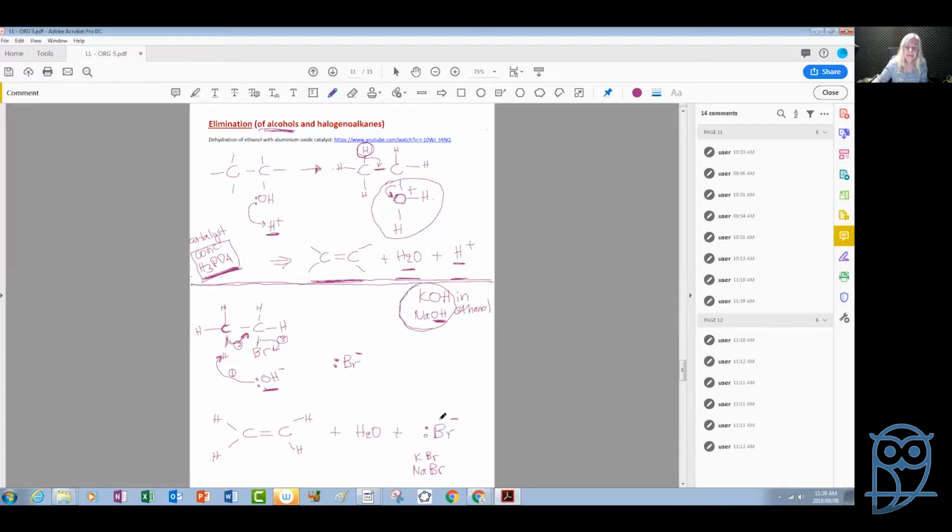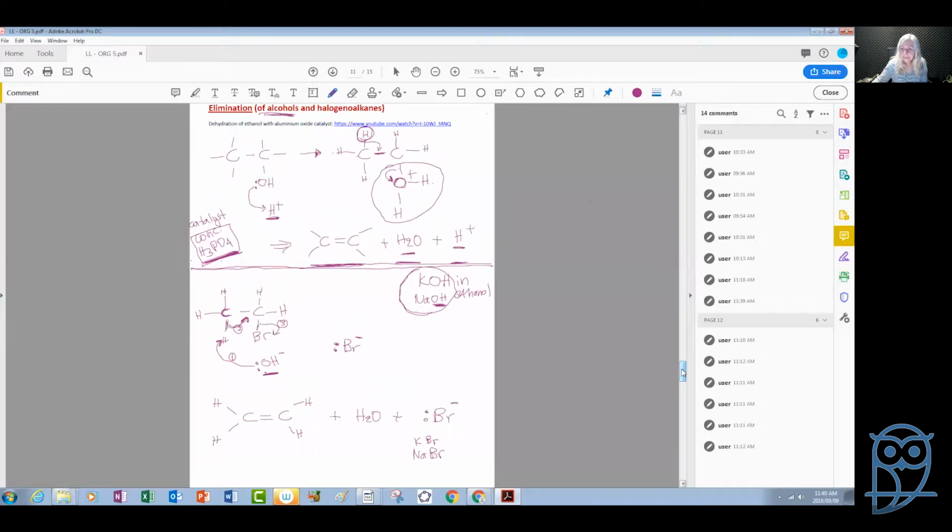So this is the mechanism that corresponds to the elimination of a halogenoalkane. So that was a halogenoalkane, and the result is we end up with an alkene with a removal of one water and of course the bromide ion.